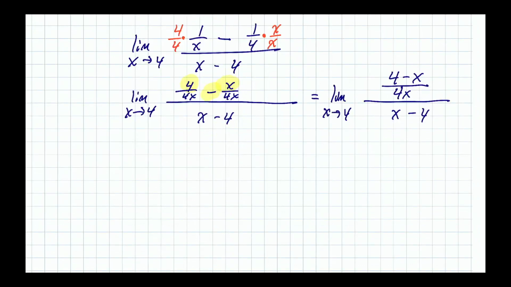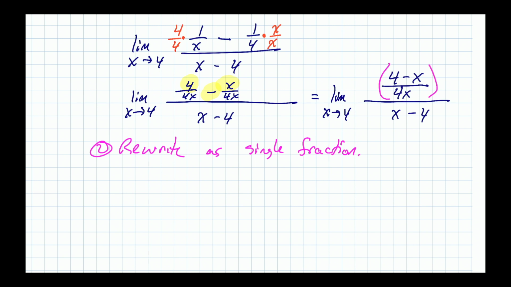So, we got a fraction in our fraction. How are we going to rewrite that? Well, a couple ways to do it. Rewrite as a single fraction. How? Well, you can treat it this way. This could be your top fraction, and then your bottom fraction, just add over 1, like that.